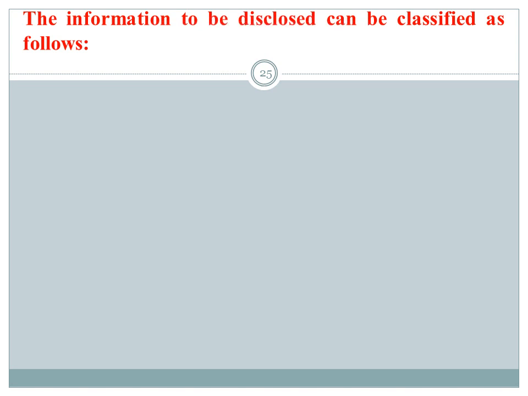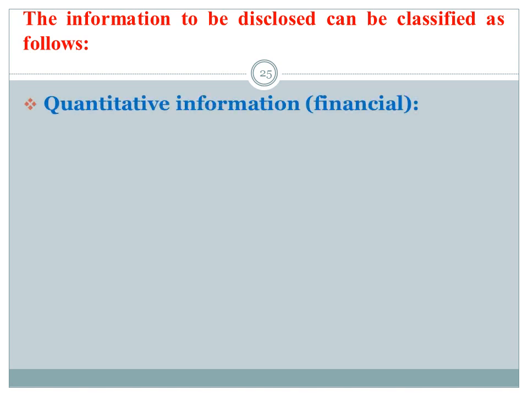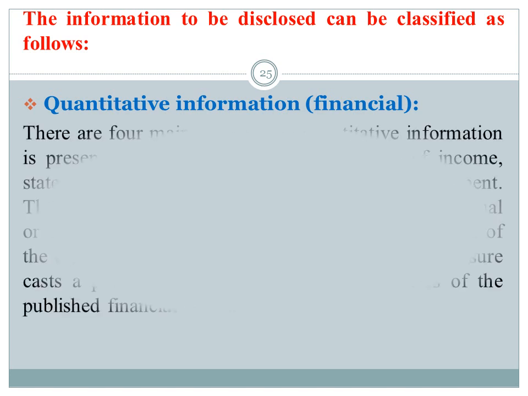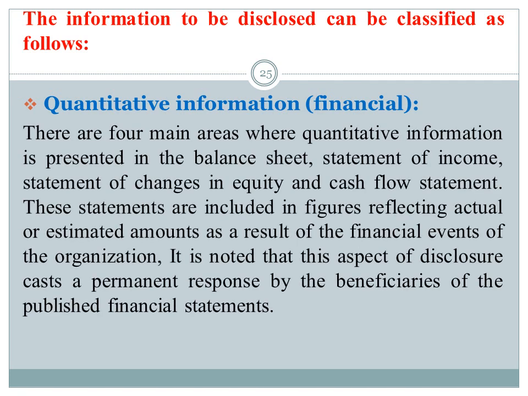The information to be disclosed can be classified as follows: quantitative information, financial. There are four main areas where quantitative information is presented: in the balance sheet, statement of comprehensive income, statement of changes in equity, and cash flow statement.